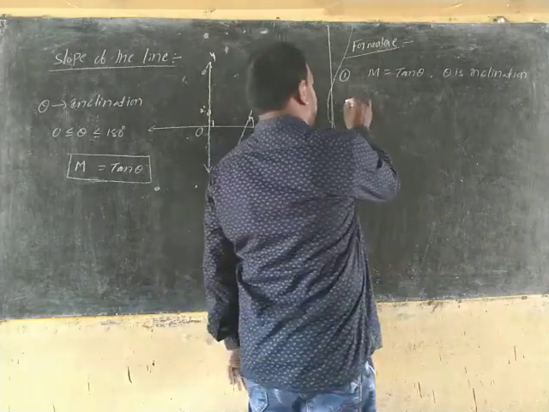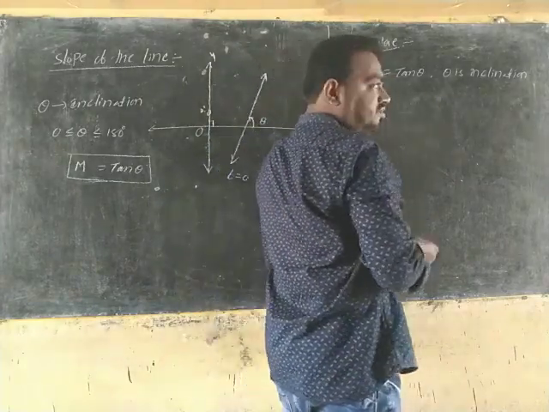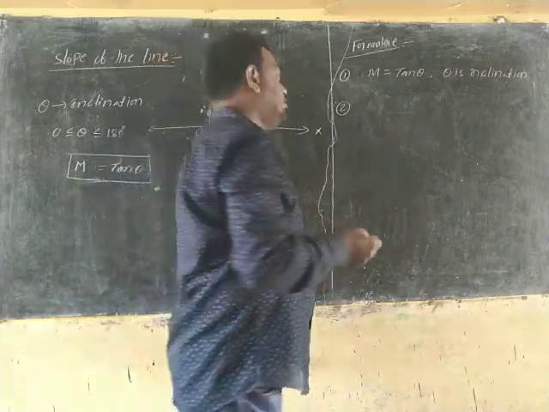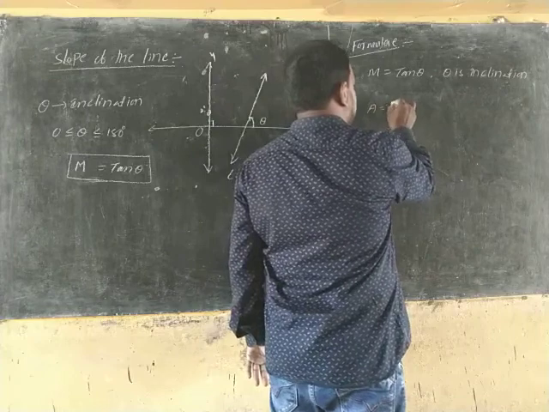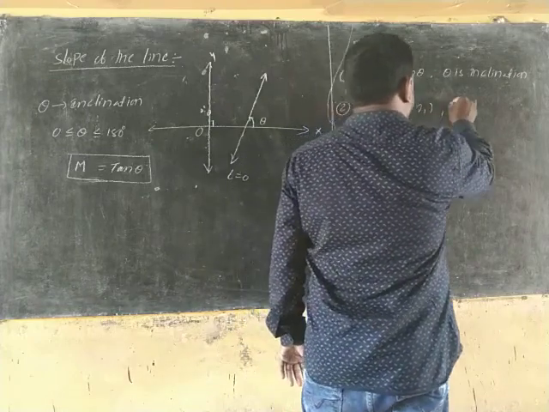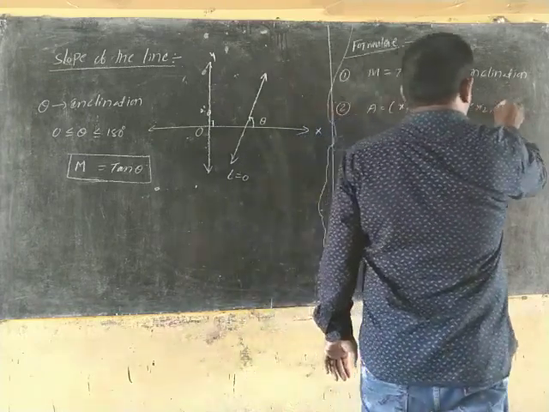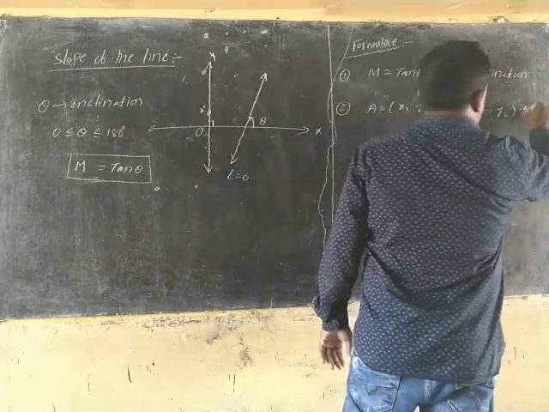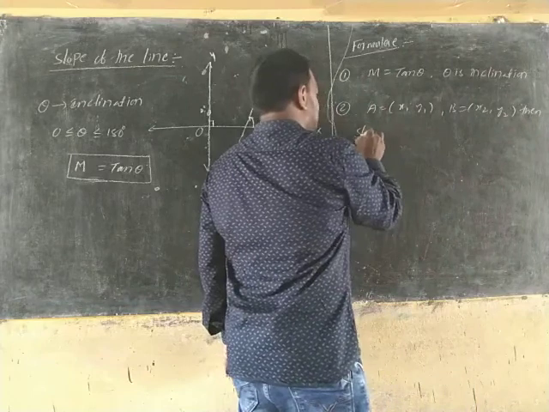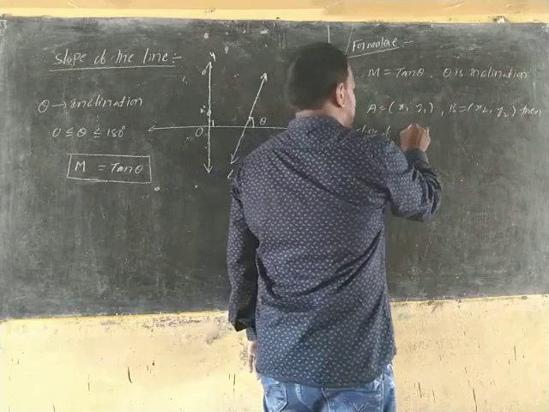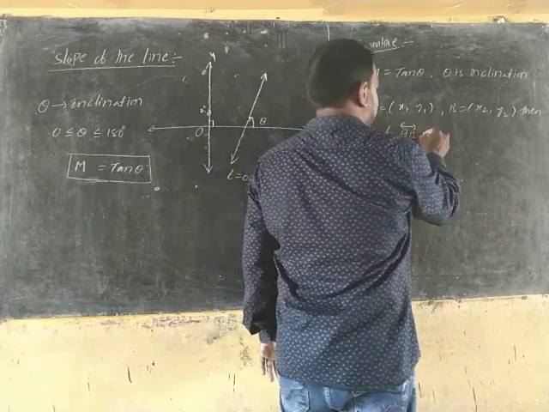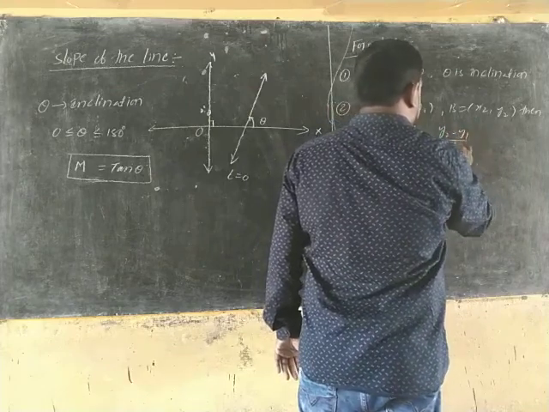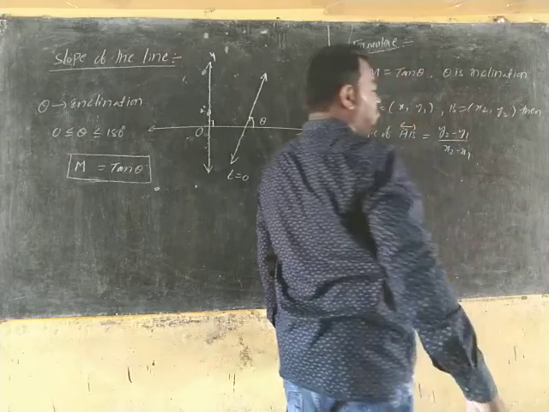Next, the second one. If a line passes through x1 comma y1 and x2 comma y2, with A equal to x1 comma y1 and B equal to x2 comma y2, then the slope of line AB or its line segment is equal to y2 minus y1 by x2 minus x1.